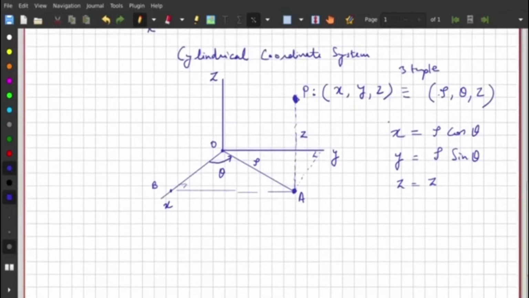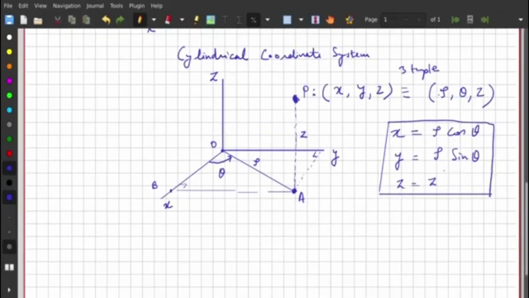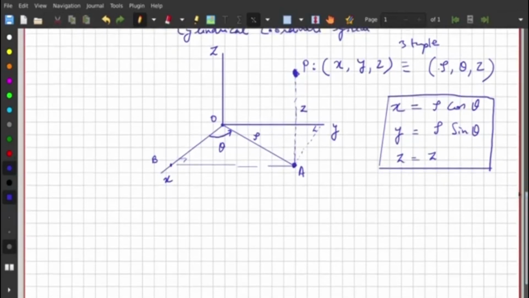That is the transformation, as you can see, from cylindrical to Cartesian coordinates. So given rho, theta, and z, we know what x, y, z is.